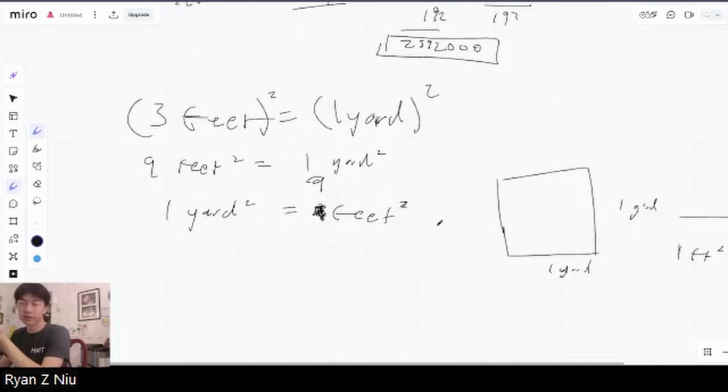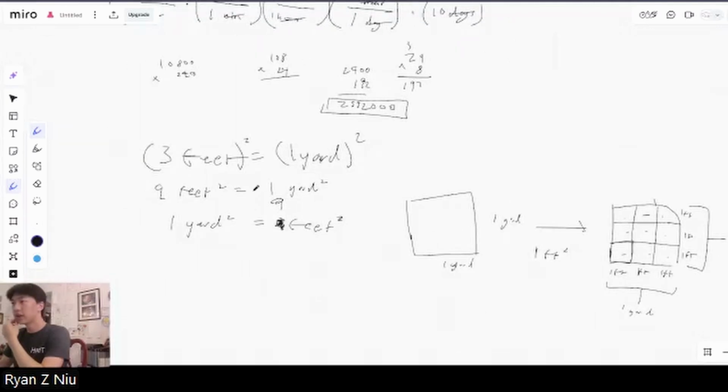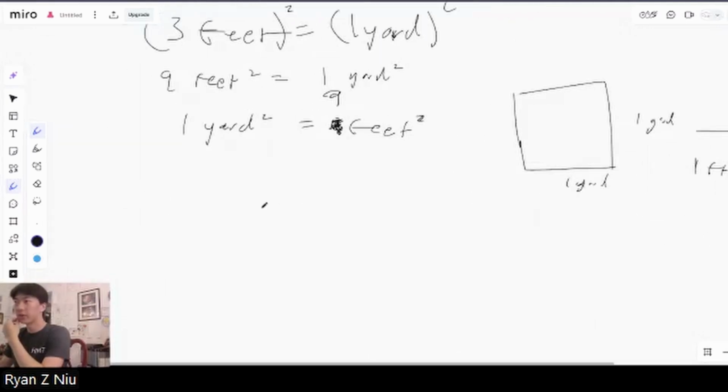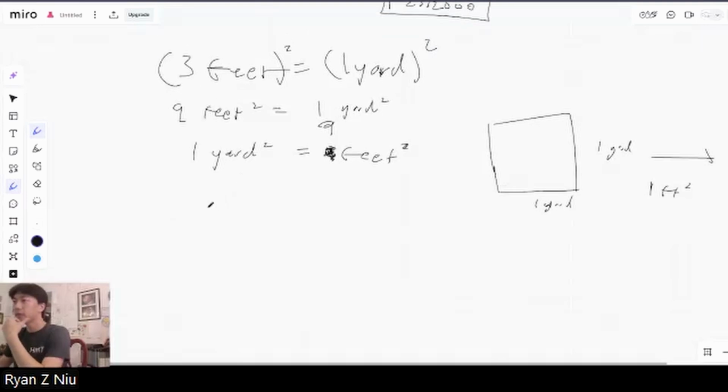This is also something that they like to ask, and so it's really good to keep this in mind when you're doing a problem. So say we have 100 meters squared, and I ask you to convert it to centimeters squared. Well, then we know 1 meter is equal to 100 centimeters.